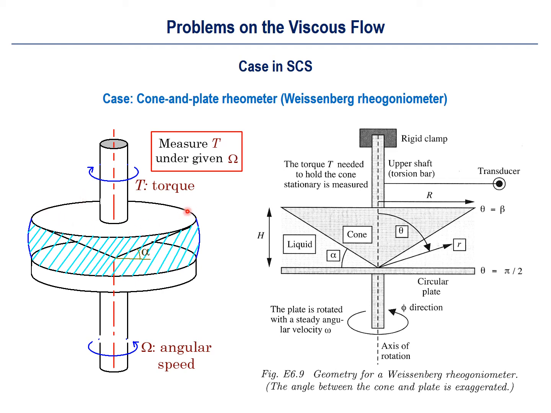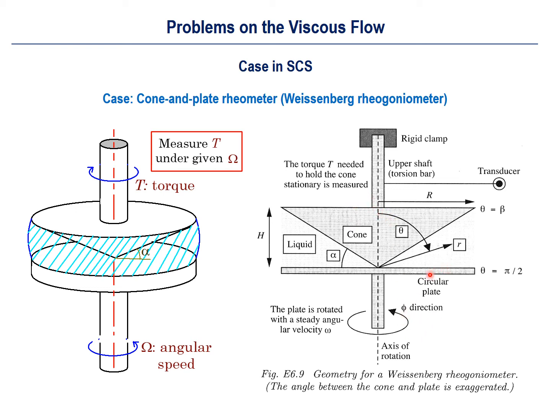This is the cone-shaped plate, the cone here, and the underlying plate region, as shown in the cyan color region on your left figure here, and the cone and the plate rotate at some designated angular velocity omega here, right?